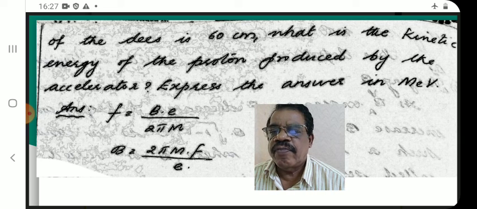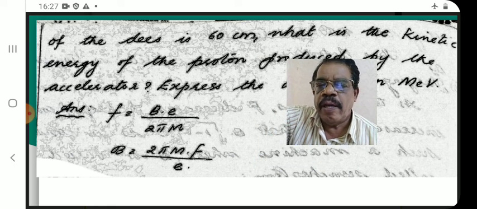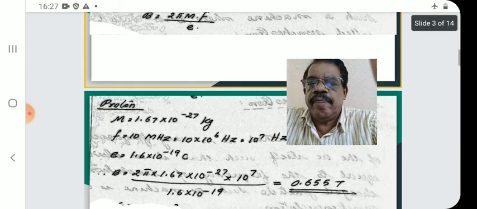So we write the frequency equation, frequency = Be/2πm, and when we solve for B, we get B = 2πmf/e, and in this equation we substitute the values given.